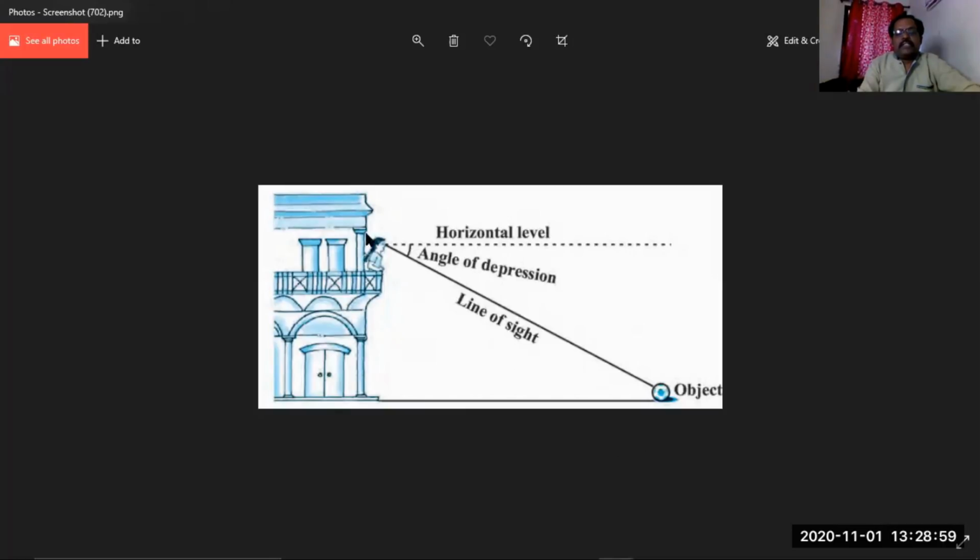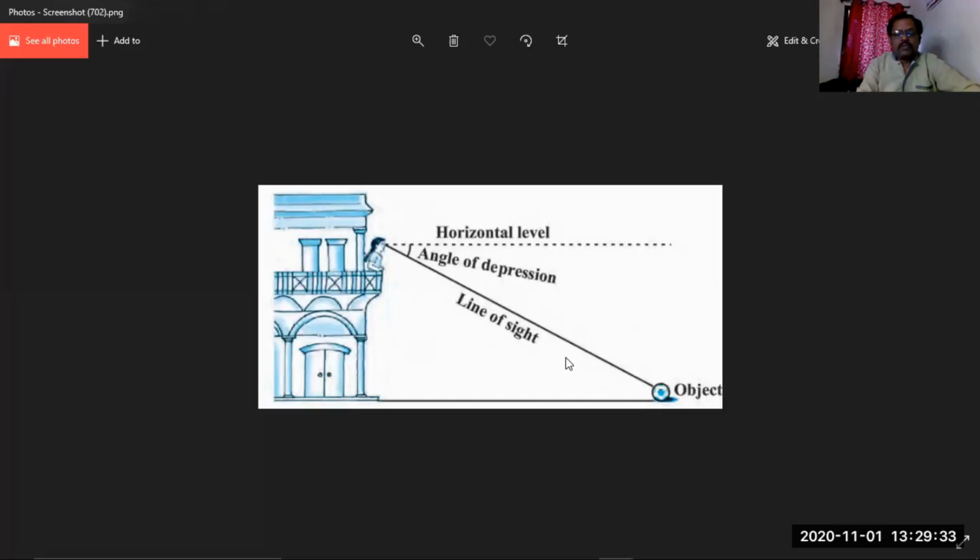Here, if you see, a girl is at some high level of her house, on the first floor of her house. She is observing an object on the ground, right? So she should watch the object by looking downward.